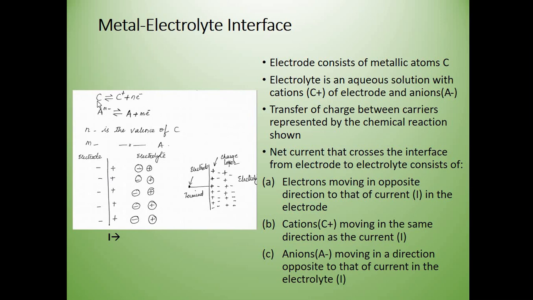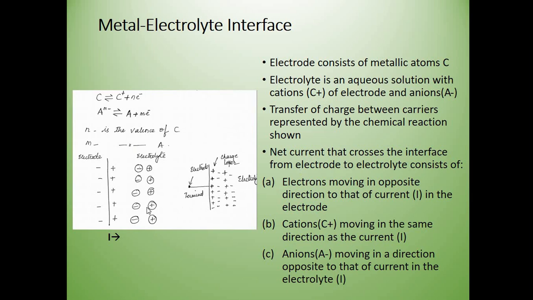So we find that the metallic atoms can dissociate as cations and electrons, while the anions can convert into atoms and electrons. N is the valence of the cations and M is the valence of the anions.